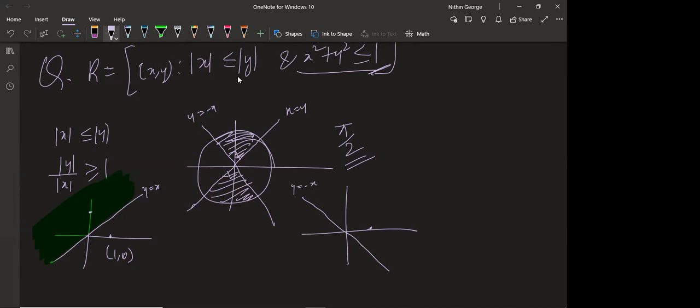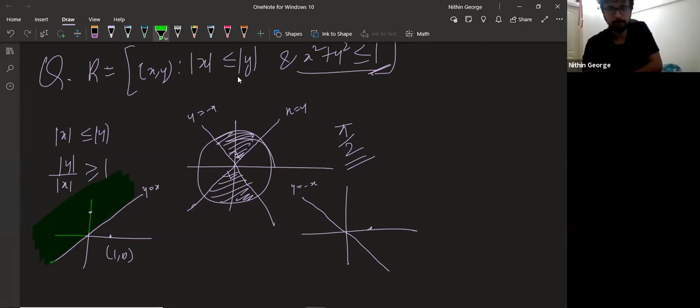I didn't understand the second part. Okay, once again. So y equal to minus x line is here. With mod y, one second. No. Whatever I'm saying here looks wrong because there'll be a point here, right? -1, 0. That won't be satisfied.